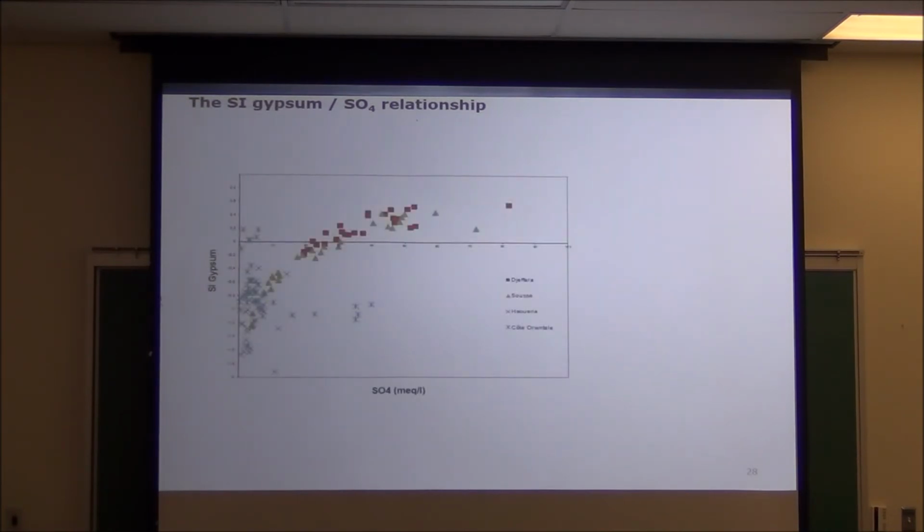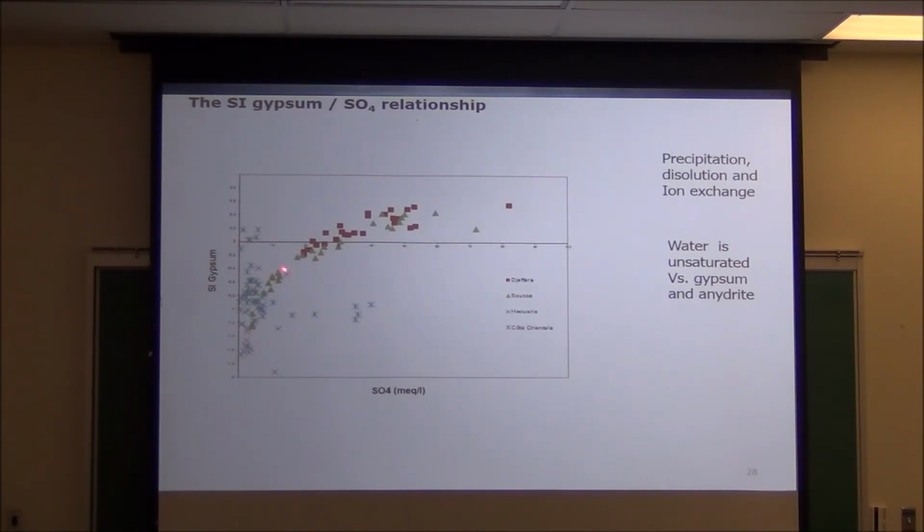The processes of dissolution, ion exchange and precipitation are actively taking place in this aquifer. The relationship between saturation index versus the amount of sodium shows that we have a big sample set with a saturation index lower than 0.